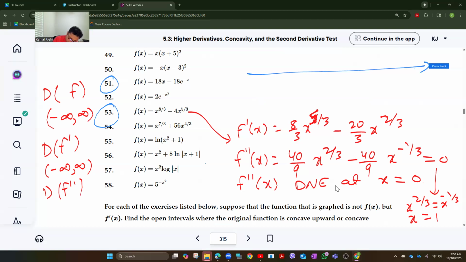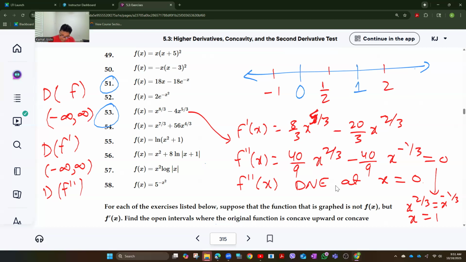Number line: 0 where the derivative does not exist, and 1 where the second derivative is 0. Now that means you are going to take a point on the left side, a point in between, and a point on the right side. And you are going to check the concavity.